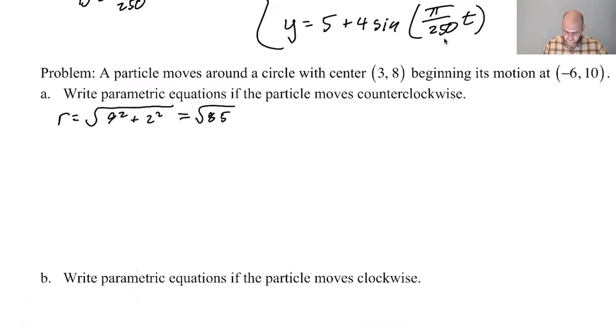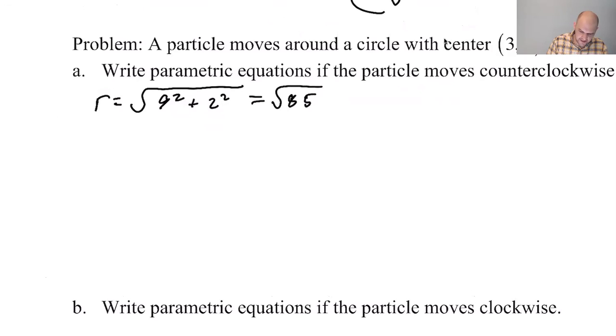Now, let's just write equations. What we're going to start with is a base case. I'm going to say that this is my base equation. I'm going to do it in blue. I'm going to write a set of parametric equations that do basically what we need, but don't take the start into consideration. I don't really care about the start right now.